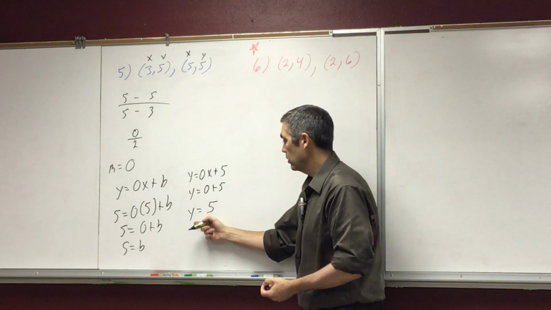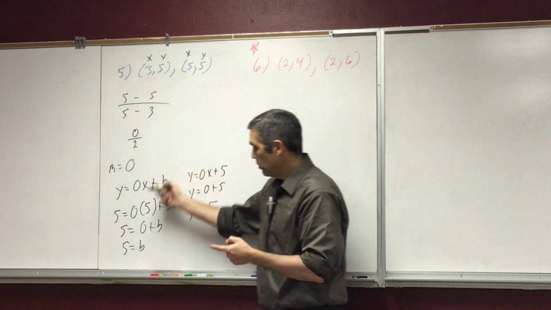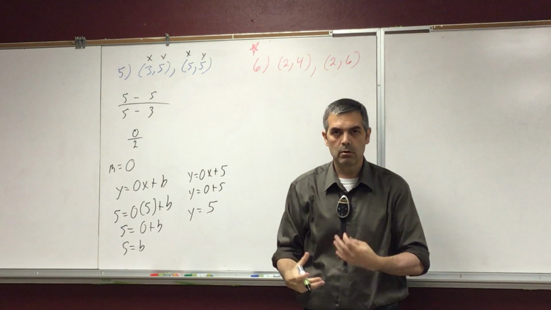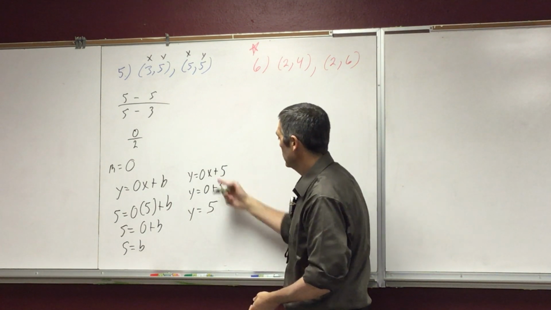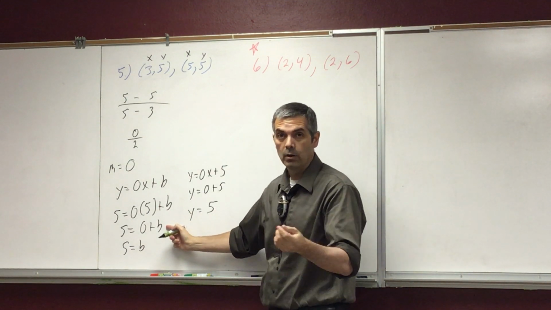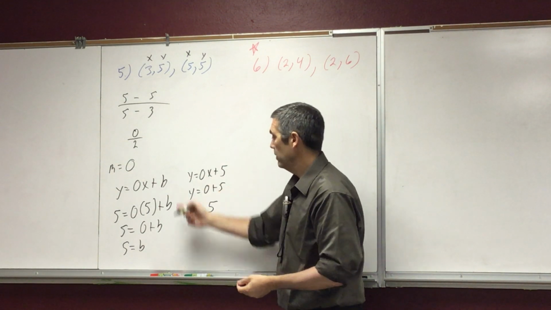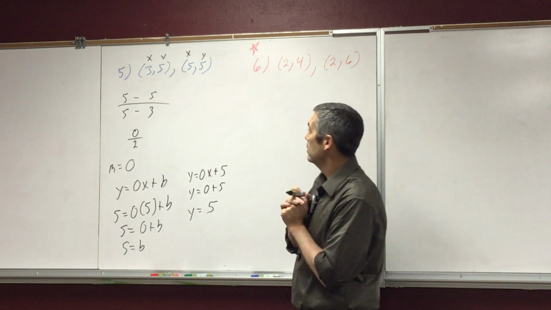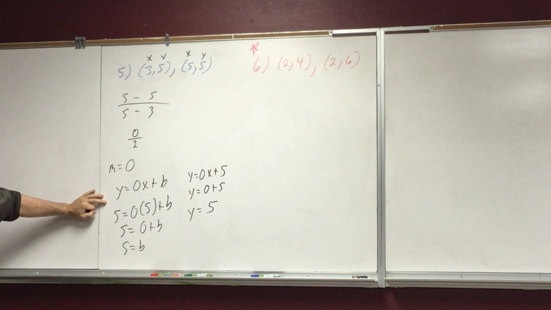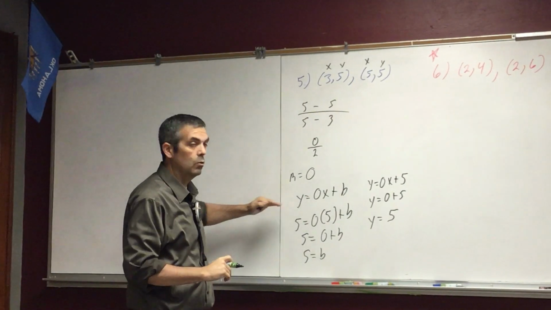Okay? This works. But this process is how I want you to see, so you understand what's going on whenever you see this. Right? So y equals 5. Still had to solve for your b to make sure you knew what it was. Right? But it's there. This is a 0 slope line. Remember that, 0 slope. So it's a horizontal line.